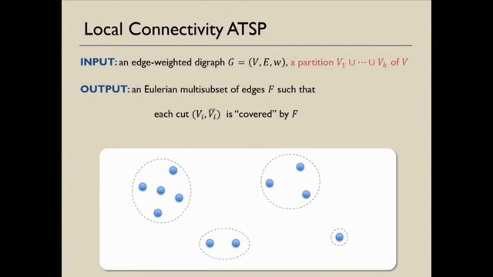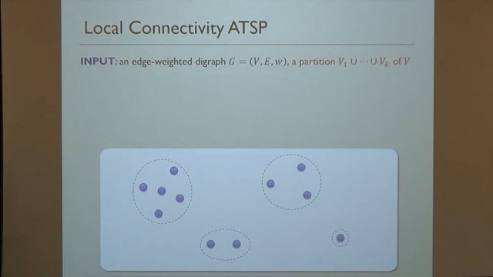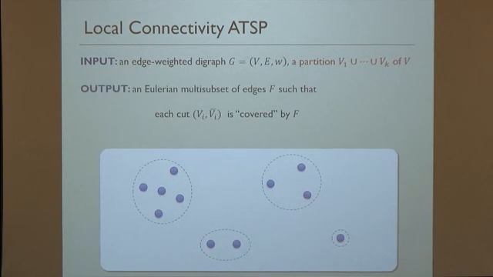The input is an ATSP instance, the same as ATSP, but now you're also given a partition of the vertices. Remember that we always want to find an Eulerian set of edges, but also satisfying some cut constraints. The cut constraint we want to satisfy is that each cut defined by the partition should have at least one edge crossing it. That's the only thing.